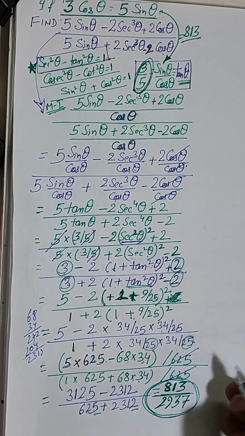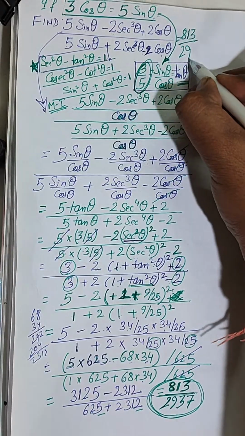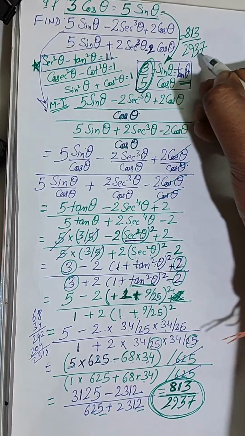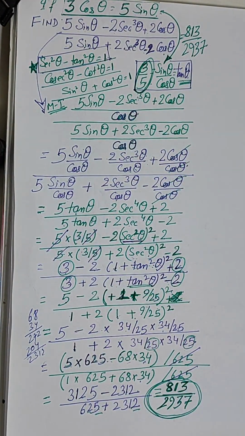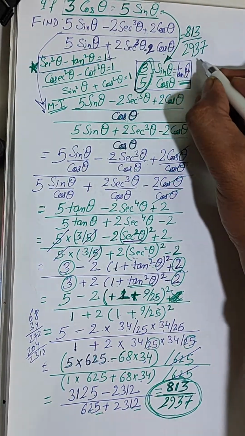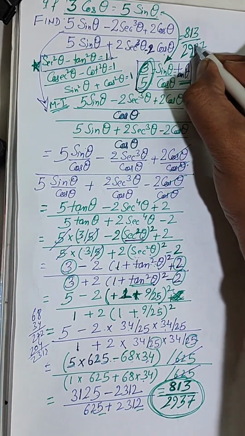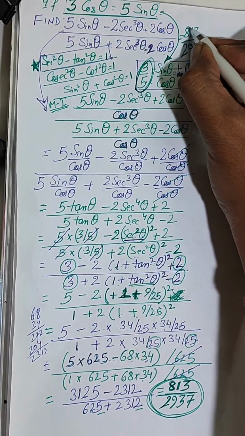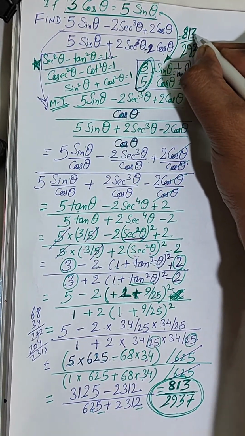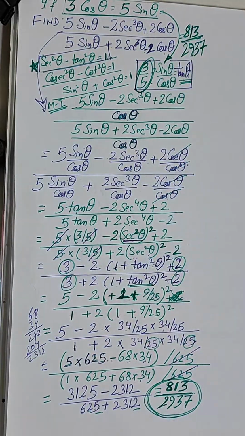Here you can see 813 divided by 2937. So this is the value.